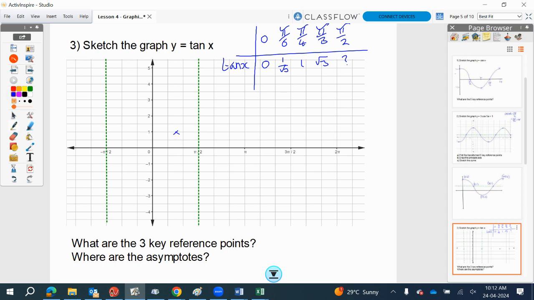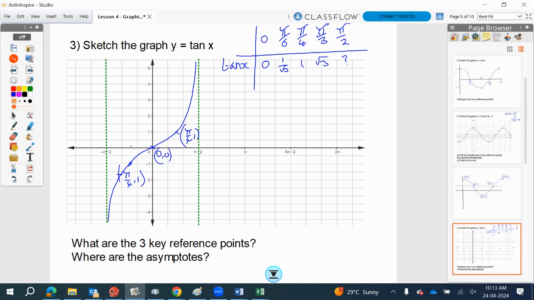So it's going to go through this point and this point. These are our key points. It's going to go through 0, 0. This is pi over 4, 1. This is minus pi over 4, 1. And our asymptotes are at pi over 2. And the curve looks like this.